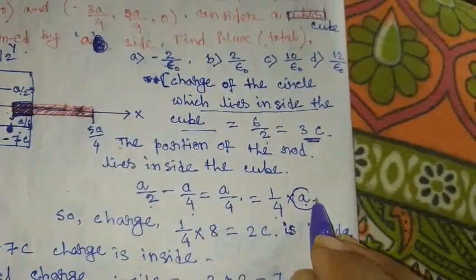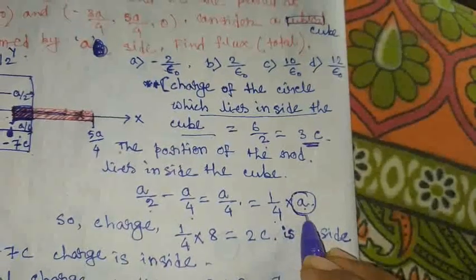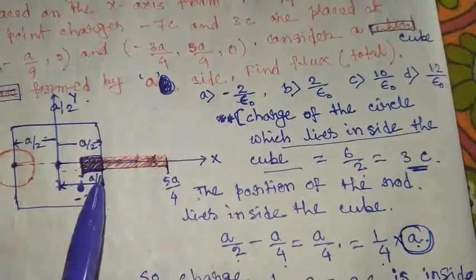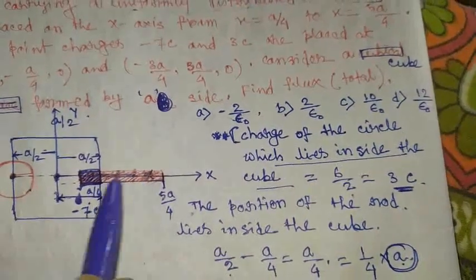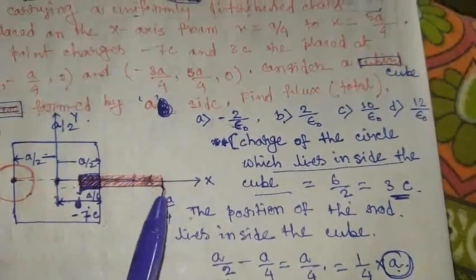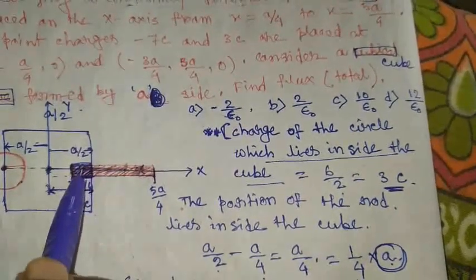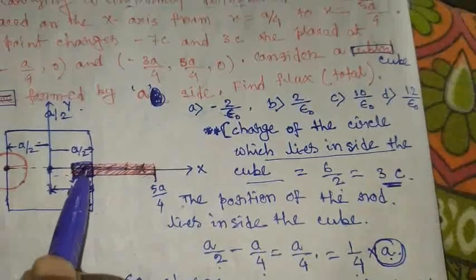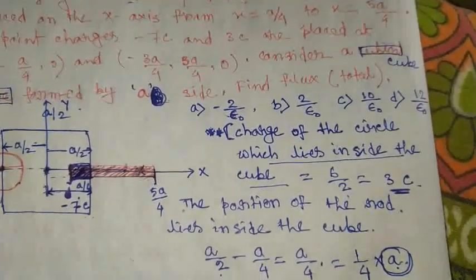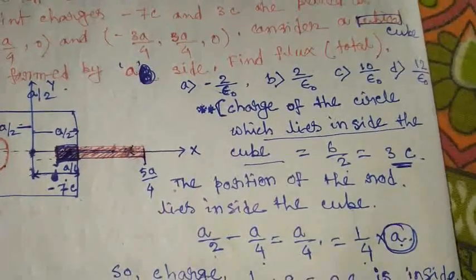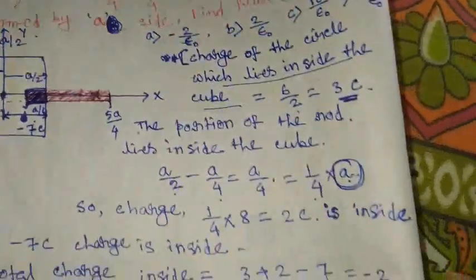Why have we written it like this? Because the charge is distributed throughout this rod over its complete length a, and a by 4 of the length lies inside the cube. That means 1/4 of the total charge lies inside the cube.